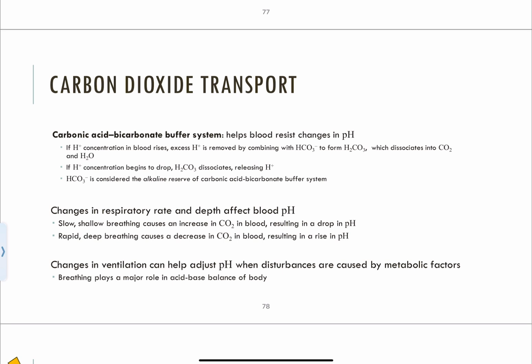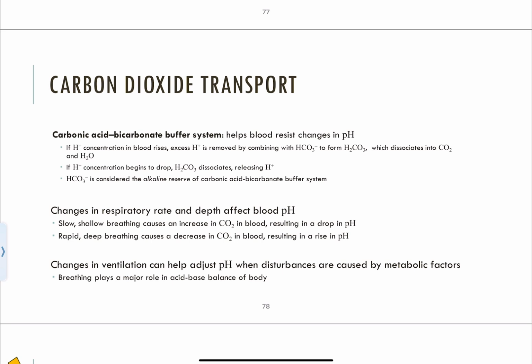And a buffer, just as a reminder, is something that can act as an acid or a base. The bicarbonate ion that we just formed can act like a base, and then we have our carbonic acid, which acts like an acid. So turning carbon dioxide into a bicarbonate ion is what helps create the buffer system for our blood so that it can help maintain that pH and resist any changes in pH.